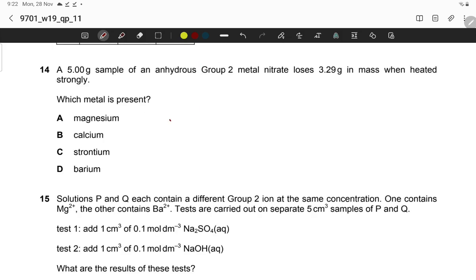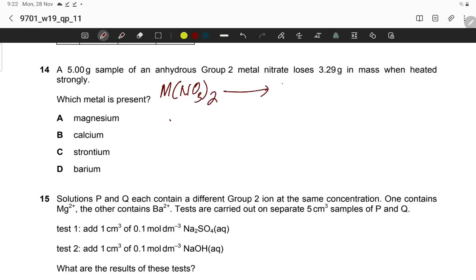So the next question is, a 5 gram sample of an anhydrous group 2 metal nitrate loses 3.29 gram in mass when heated strongly. Which metal is present? This is decomposition. First write down the chemical equation.